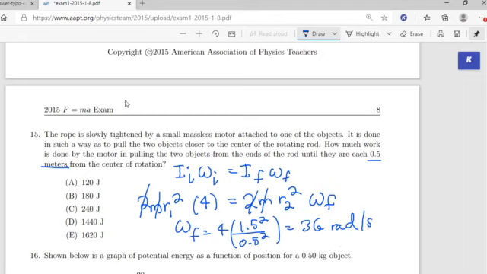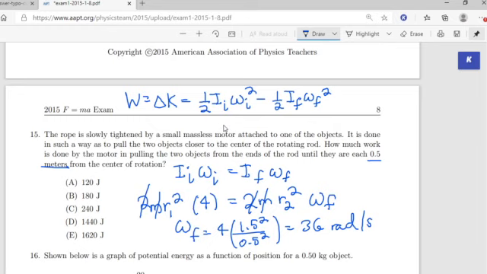And it's asking how much work is done. Well, work is just the change in kinetic energy. Since this is rotational, we can write this as 1/2 times 1/2 times this minus 1/2 times the final kinetic energy, and we said this is 2.